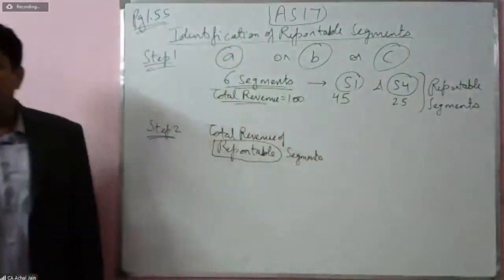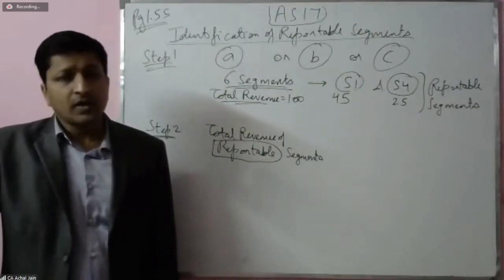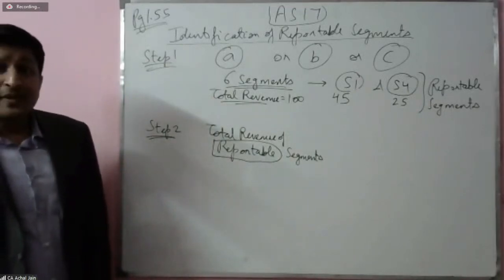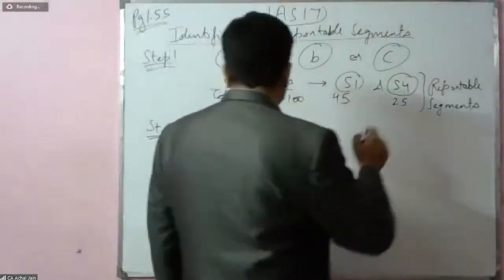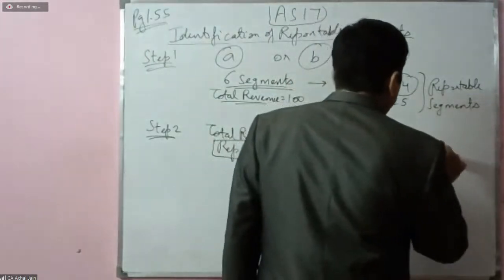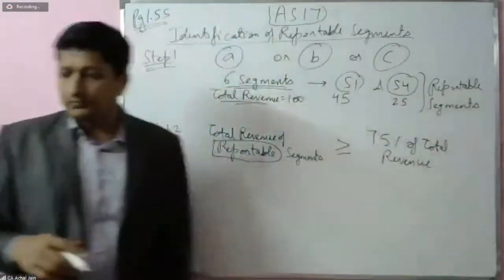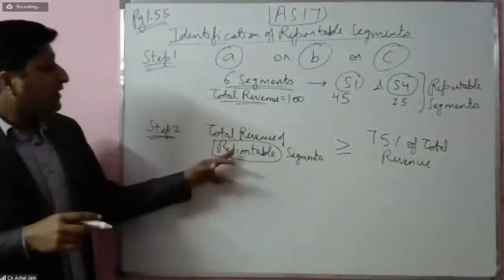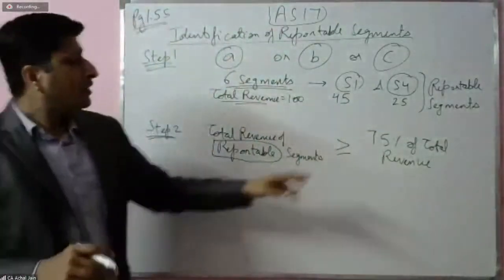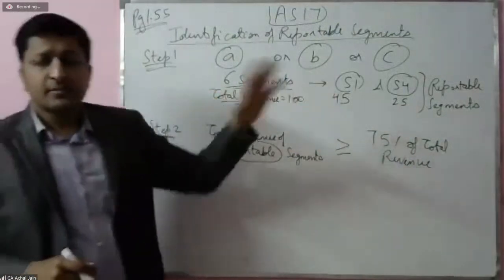Step 2 says total revenue of reportable segments should be at least equivalent to 75% of total revenue. Total revenue of reportable segment should be at least equal to 75% of total revenue. Now let's perform this test on our segments.